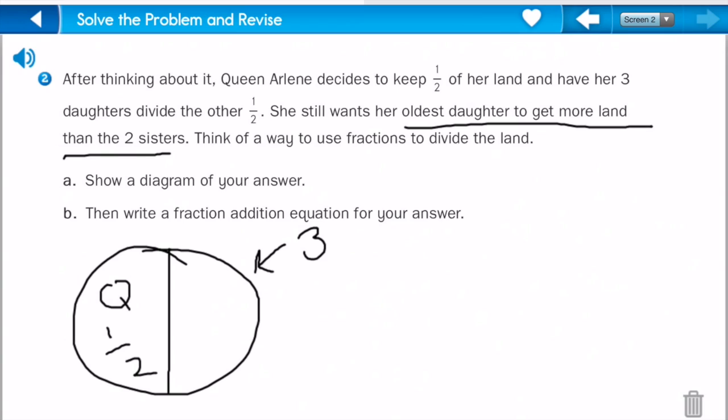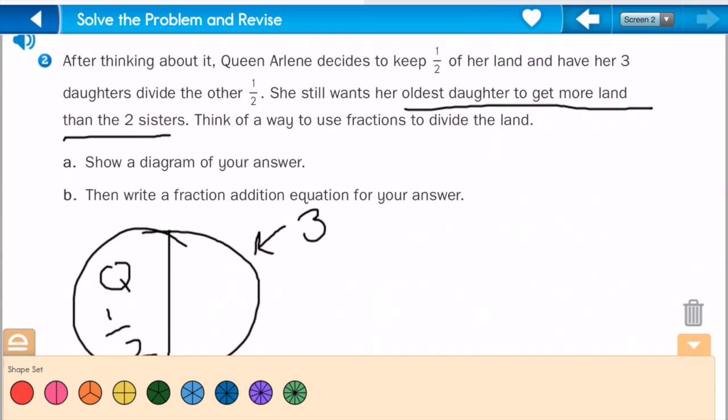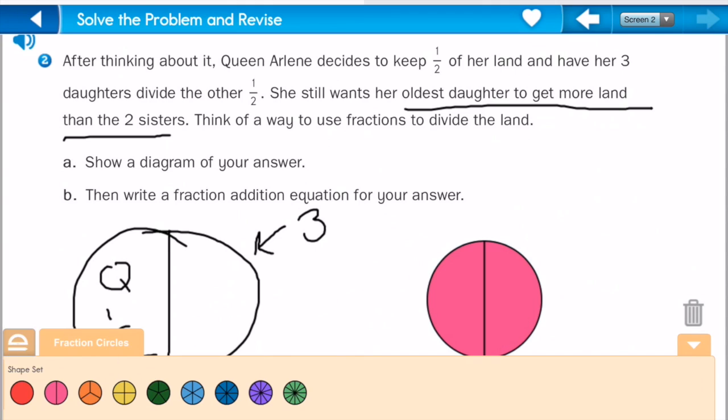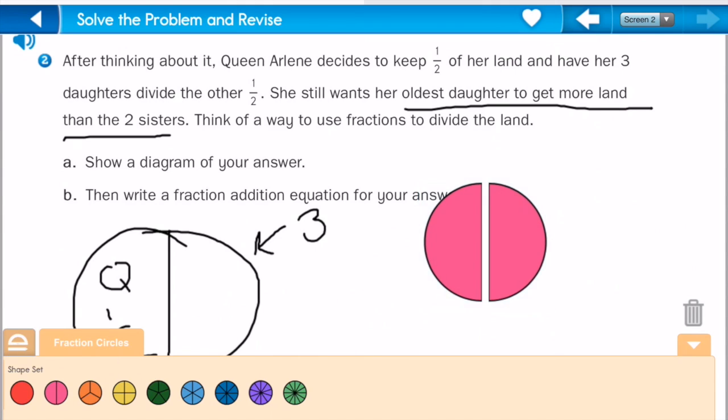So let's think of a way to use fractions to divide the land. How could we do that? So what I'm thinking is let's get our fraction circle pieces out to help us. So if I'm looking here, I know that half of mine is going to go to Queen Arlene.